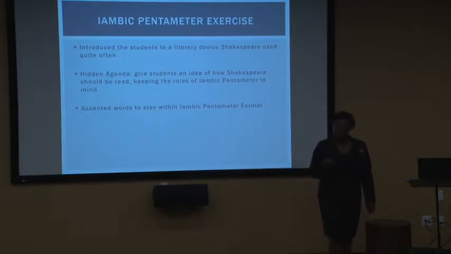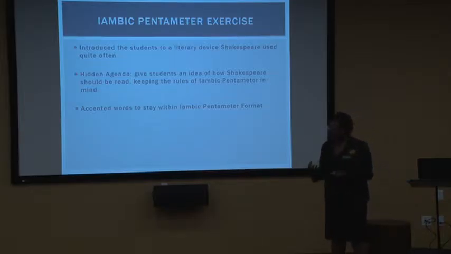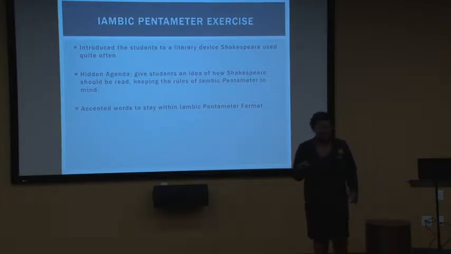For the iambic pentameter exercise, I wanted to introduce them to a literary device that Shakespeare frequently employed in his writings. I wanted to give them an idea of how to look for and read iambic pentameter, because Shakespeare was such a brilliant master of it. So the hidden agenda to this was just to give them an idea of how Shakespeare should be read.